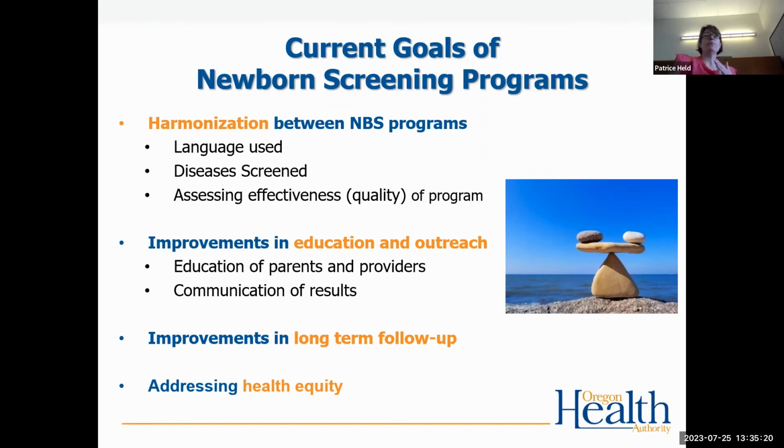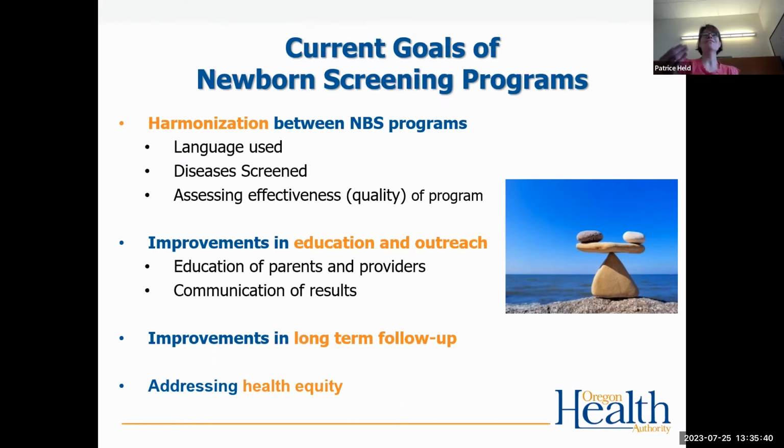Another area for improvement in newborn screening is in education and outreach. We know that we don't always have effective communication and education about newborn screening to parents. Oftentimes, moms do not even know that newborn screening is occurring.